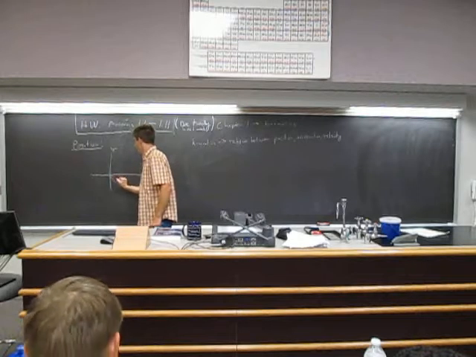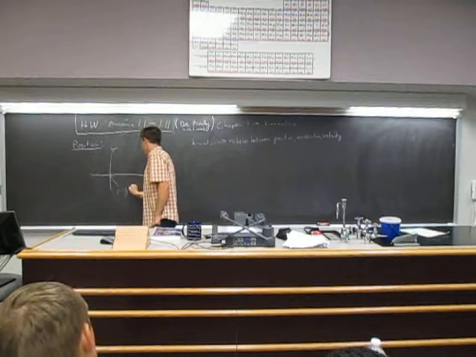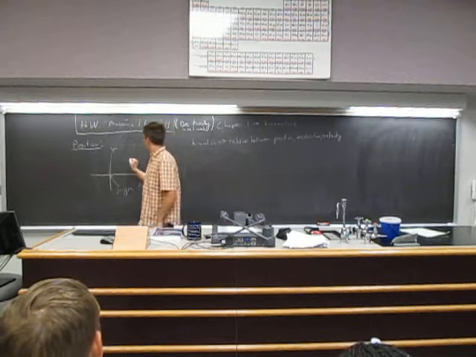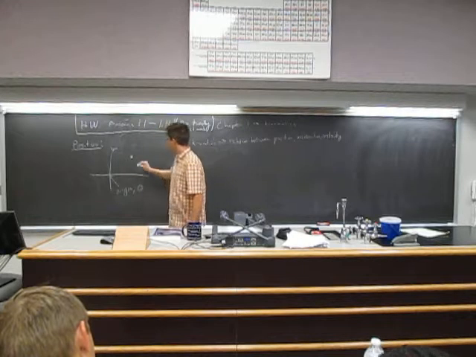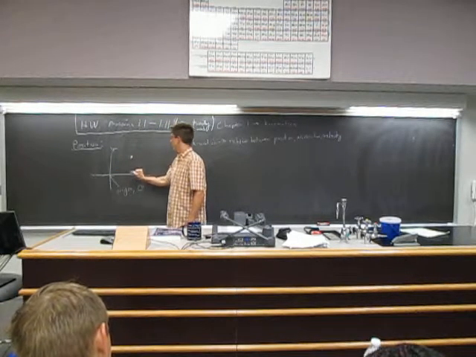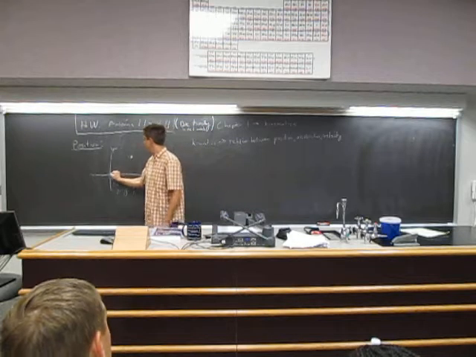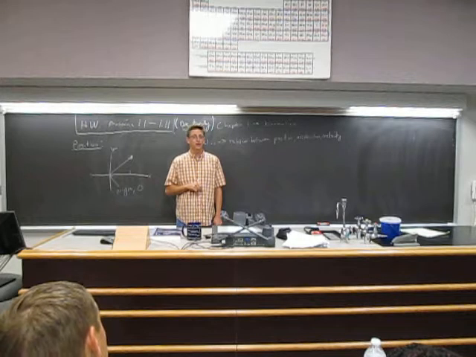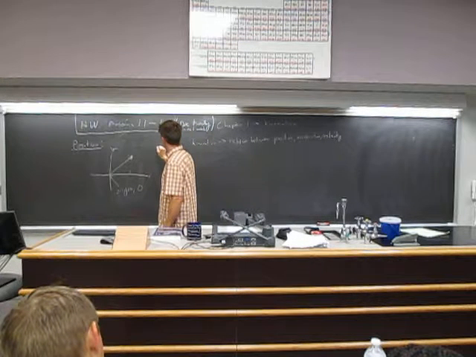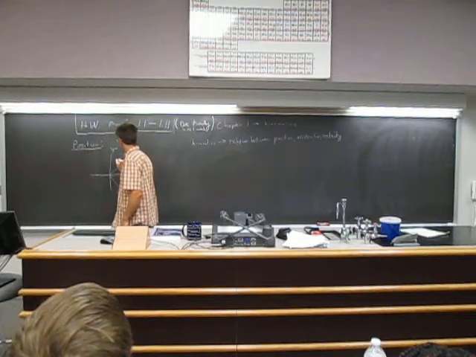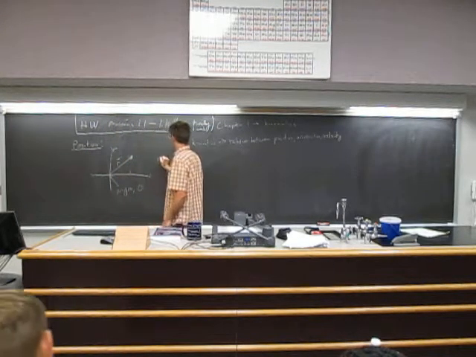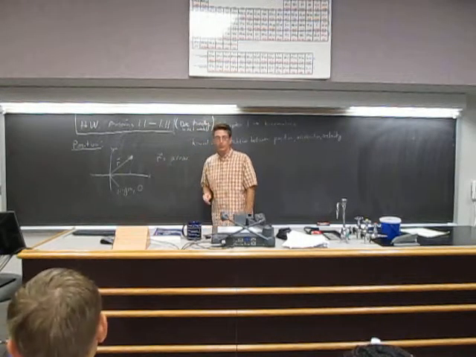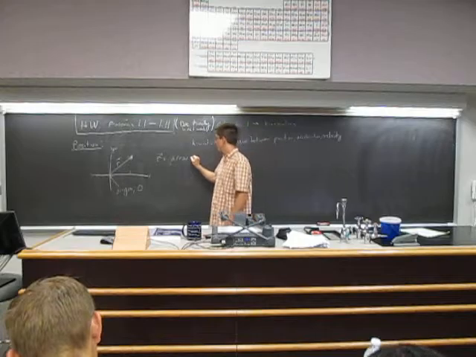I'll call this point the origin, sometimes labeled with an O. And if an object is over here on the map, the position vector would be an arrow pointing from the origin to the position of the object. So position vector usually labeled with an R equals arrow pointing from origin of coordinate system to position of the object.